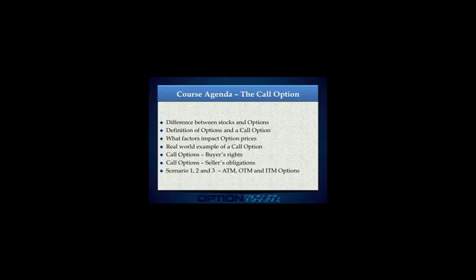In this course, we'll examine a real-world example for the call option. This example should make it absolutely clear what a call option is. And then we'll look at three different scenarios for call options and understand the perspectives of both the buyer and the seller of an option. Finally, we'll apply our real-world example to Apple options, which will be done on the Thinkorswim real-time platform.